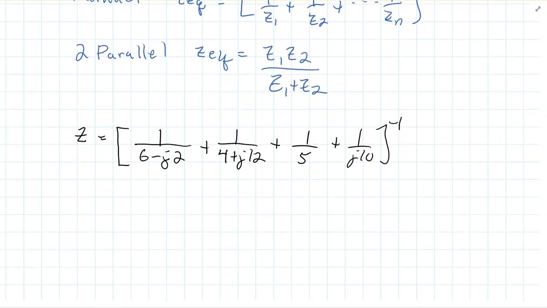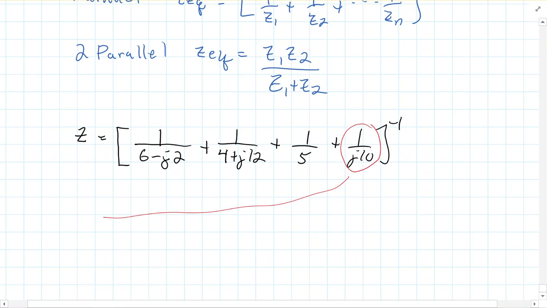Now I want to take a moment here and look at this one. I see so many people entering this in their calculator incorrectly. I see people writing this as 1 over with the division symbol, or I see them doing 1 divided by 10i. Both of those are incorrect because you need to make sure to put parentheses.